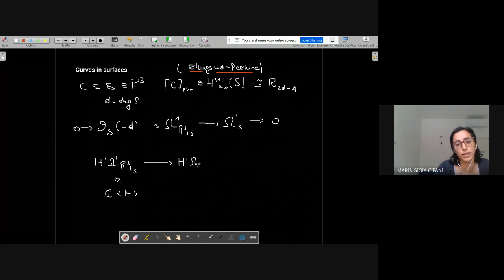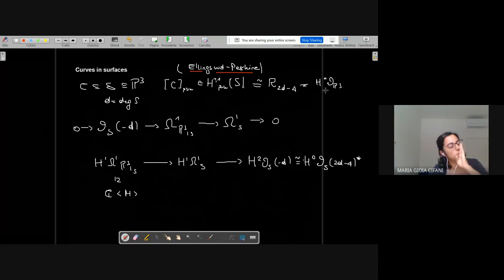Here we have H^1 of Omega^1 of S. And here we have H^2 of O_S(-D), that is dual to H^0 of O_S(D-4) dual. And we're almost there because it is H^2 of O_P3. If we want to quotient by the equation of S, we can write O_S in degree 2D-4 quotient by the Jacobian of S in degree 2D-4. So we are almost there.